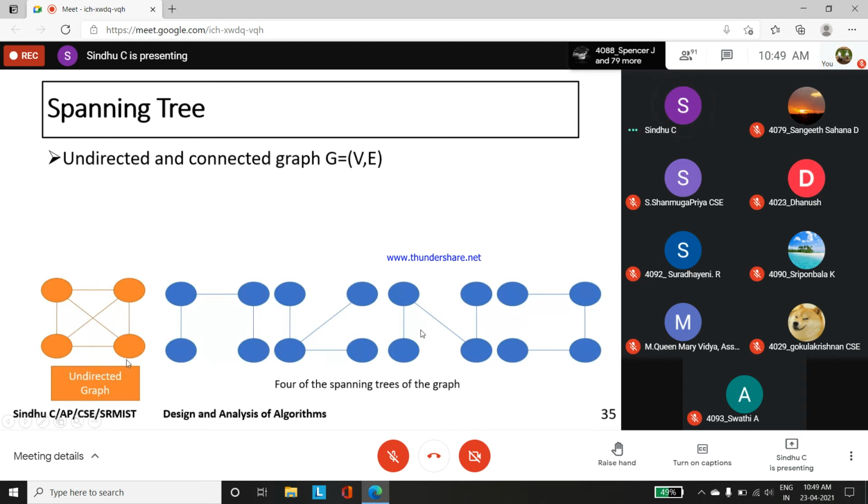So a spanning tree is one which can have lesser number of edges, no issues, but every vertex should be included. Okay, so here we have 4 of the spanning trees for this given graph. So you can see that all the vertices are present in all these 4 graphs, but you can have minimum number of edges. So these are called spanning trees for this undirected graph.